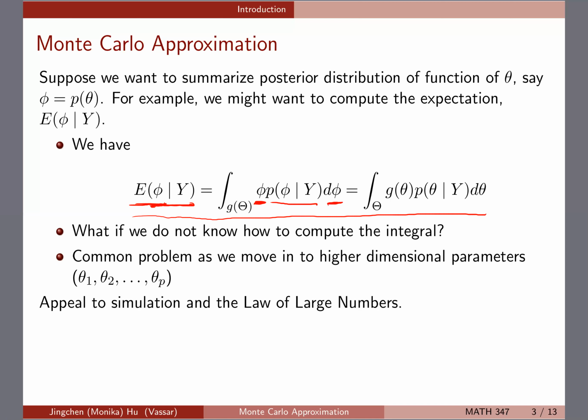Then you do a change of variable, and you're able to express everything in terms of theta. But this might get very complicated to do. This is the function that gets you phi, and this is the posterior distribution. Sometimes it's not easy to do, so generically we try not to do it too much. We usually try to do simulations to approximate that, and this type of simulation is called Monte Carlo approximation.